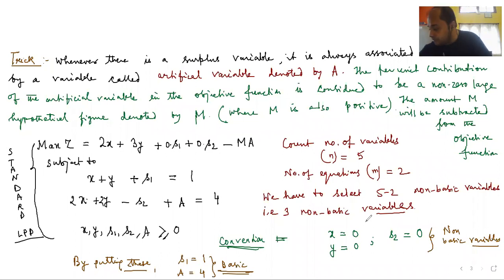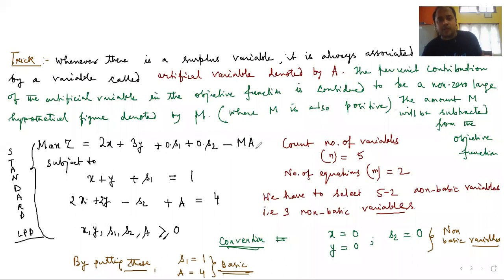Now the particular question that is probably coming to your mind is this. The slack variable and surplus variable are hypothetical variables, and their per unit contribution is 0. These hypothetical variables have no physical significance or practical relevance.